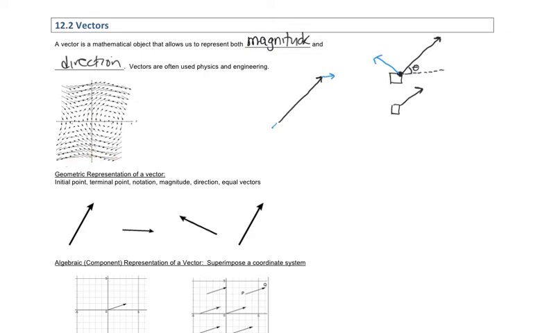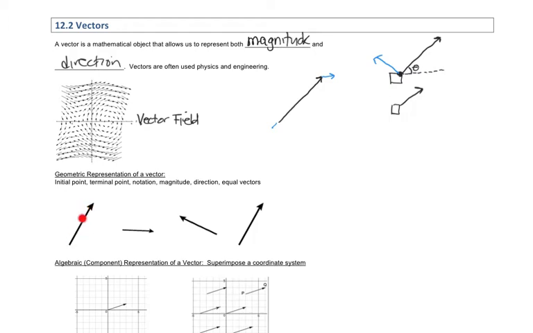So maybe there's a faster flow here and a smaller flow here, and there's maybe a little whirlpool going on. This is actually something we're going to study in the last chapter. This picture right here is an example of what we call a vector field, but we'll get to that in chapter 16.